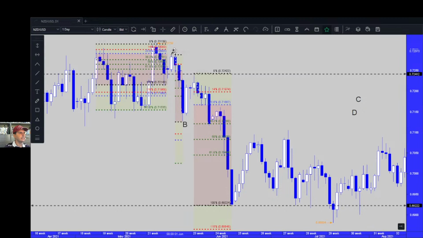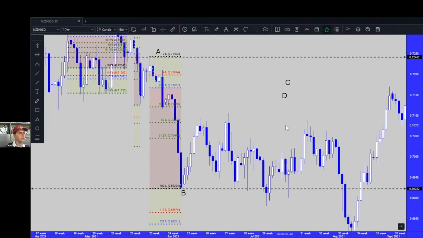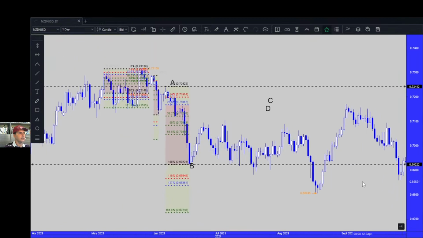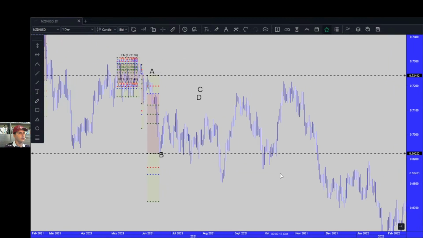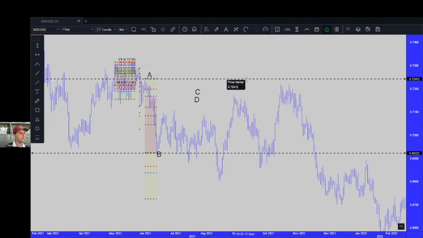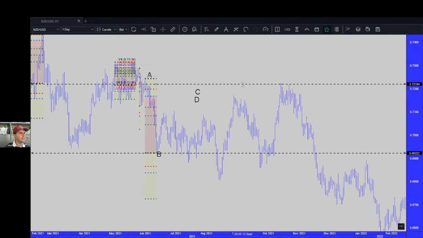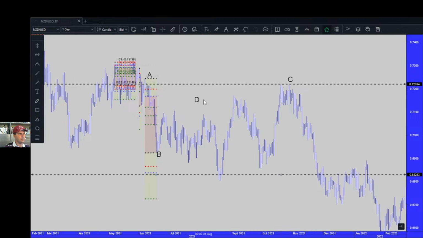Give me a second. This is the A, this is the B, and we are here right now, right? This was the C, hit the red to red. I need to find the D.